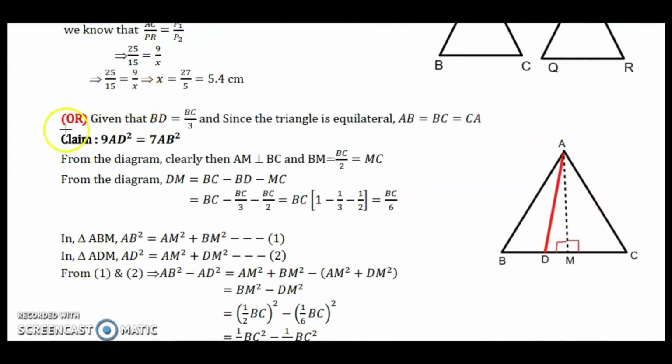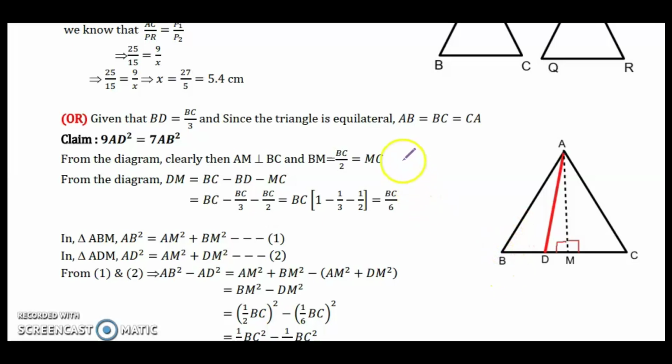See the answer. The answer contains only AD and AB. That means we have to conclude our answer with respect to AD and AB. Therefore, everybody knows that AM is perpendicular to BC, as well as MC is also perpendicular to AM, right? This is an observation. Therefore, what is BM?